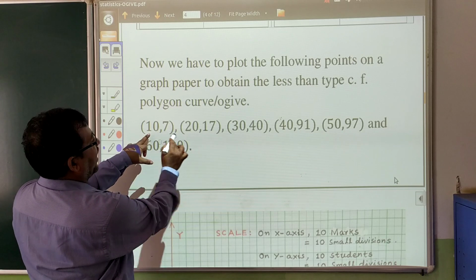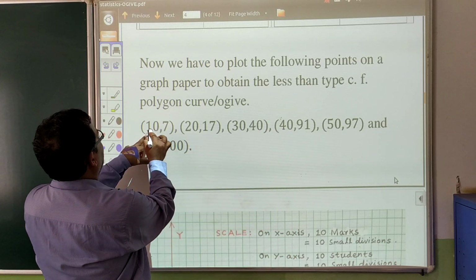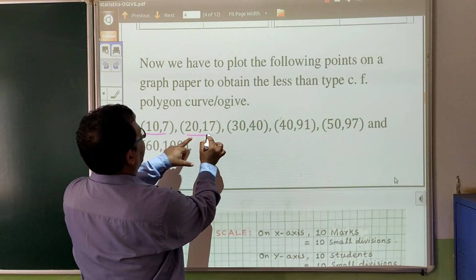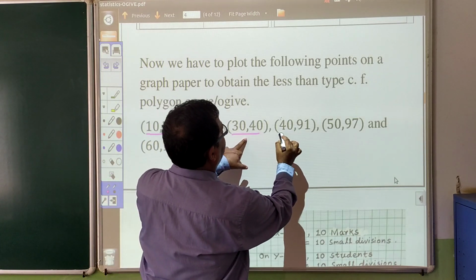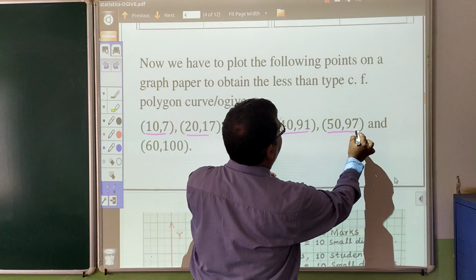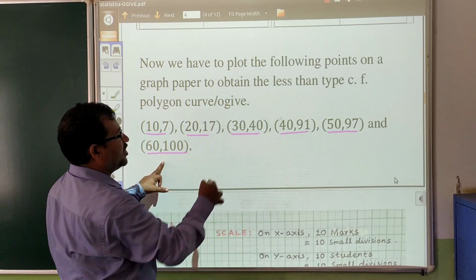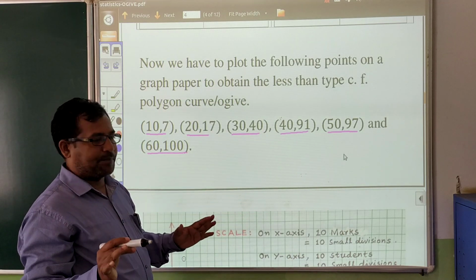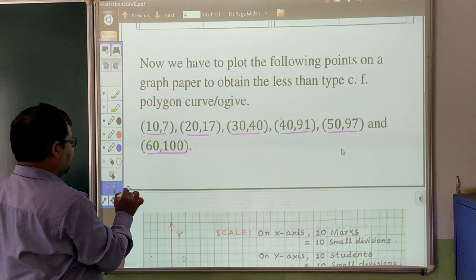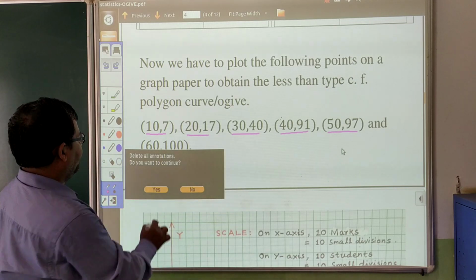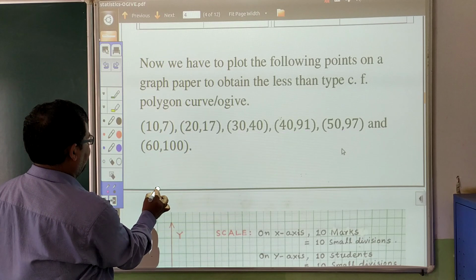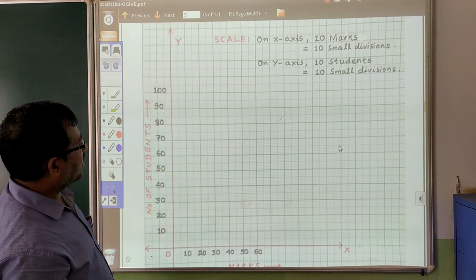So you can see I have written, I have to plot these points 10, 7, 20, 17, 30, 40, 40, 91, 50, 97 and 60, 100. I will plot these points on a graph paper. Look at the graph paper. So this is the graph paper.